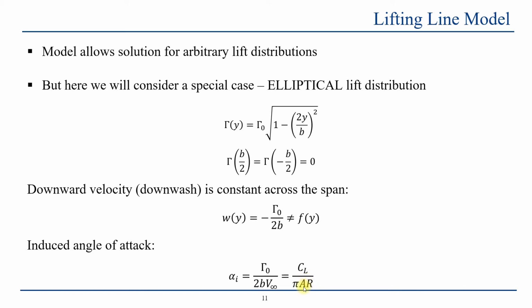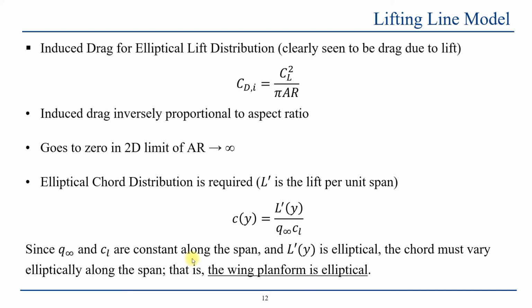This is for the elliptical wing, which is the elliptical lift distribution, and that is the ideal case, or a special case of a wing design with ideal characteristics. Now the induced drag for elliptical lift distribution can be seen to be clearly the drag due to lift. So CDI is going to be equal to CL squared, that is lift coefficient squared, over pi times aspect ratio.